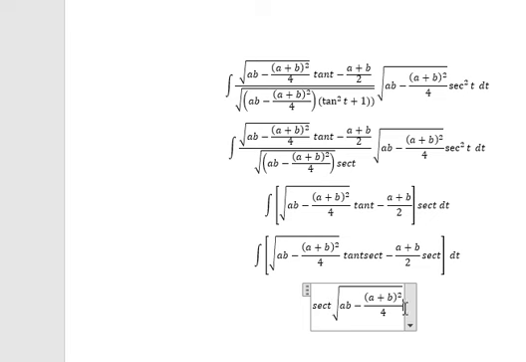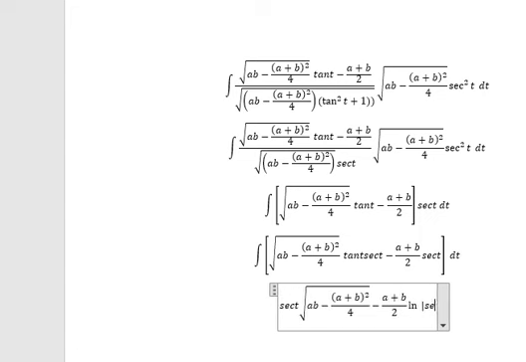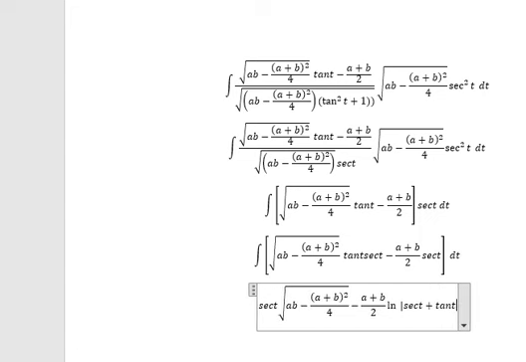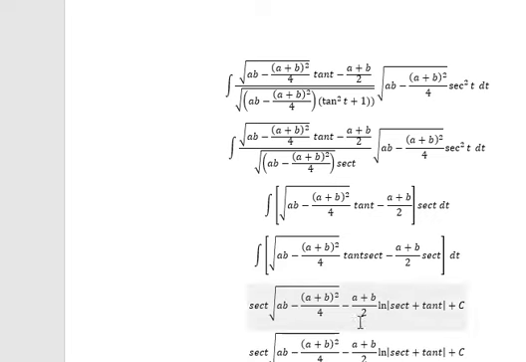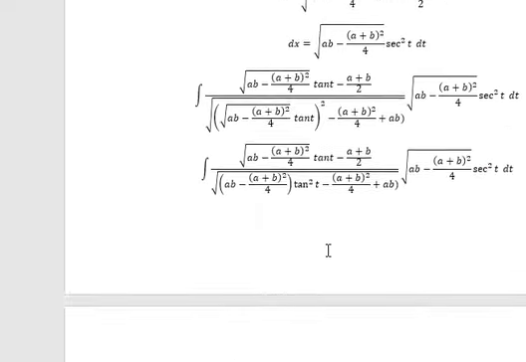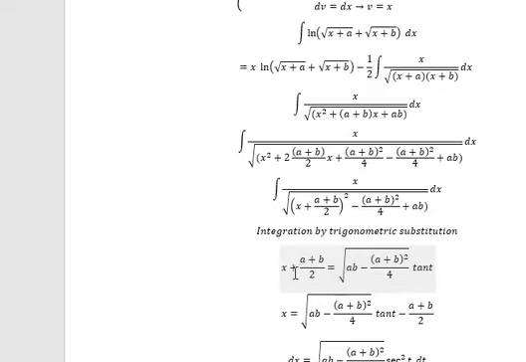This one, that is a plus b over 2 ln of the absolute value of secant t plus tan t. And I will put c. About t, that is this one. So we need to divide both sides by this one.